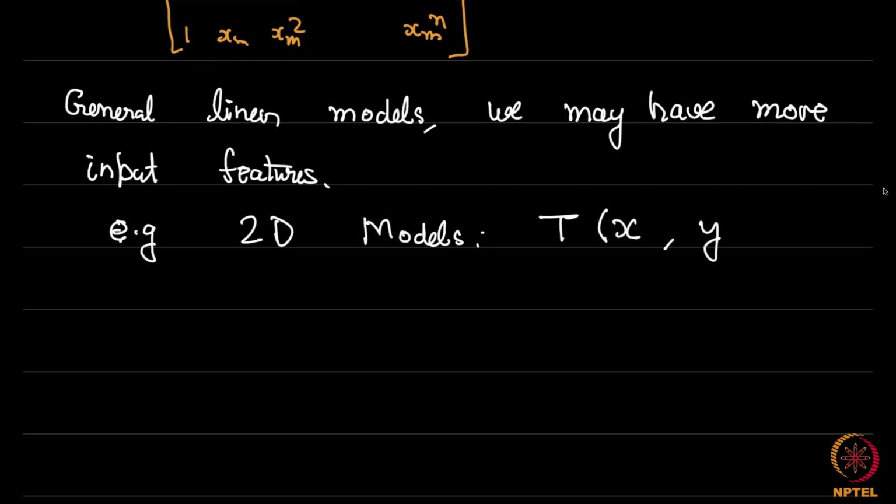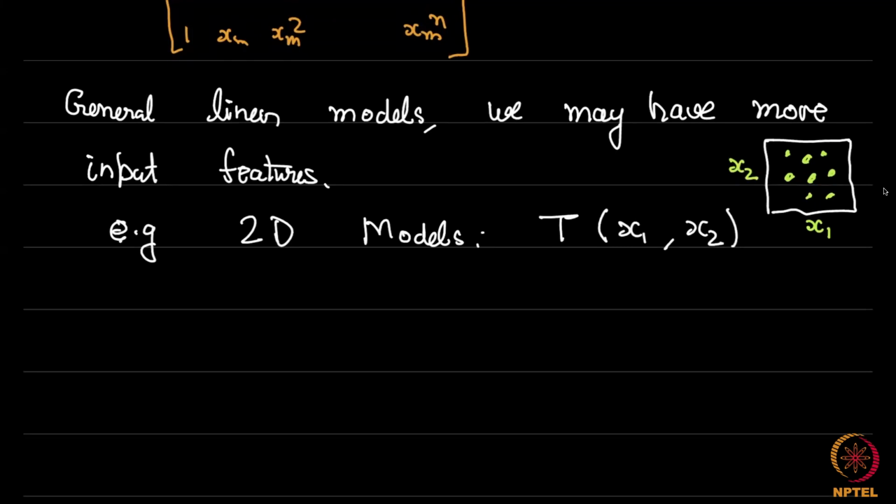And since we don't want to confuse the y, which is also an output variable, we are going to call them x1 and x2. So instead of a slab, let's say you have a plate and you want thermocouples at a lot of places, you need a model which depends on both x as well as y location.